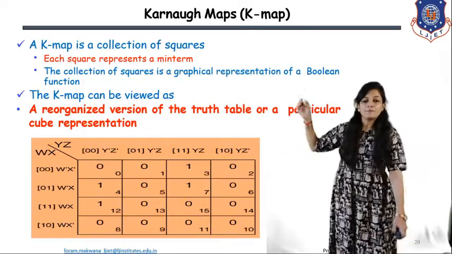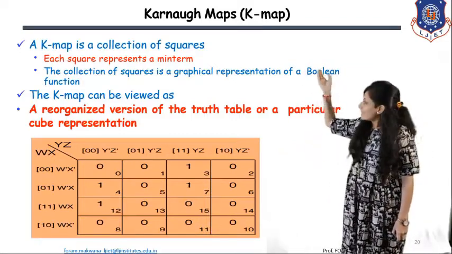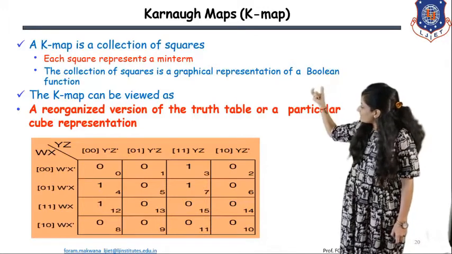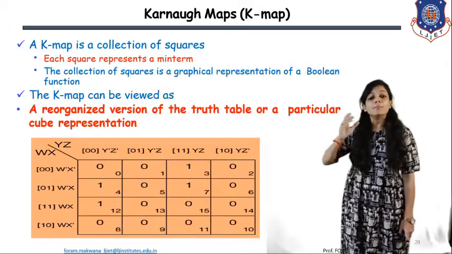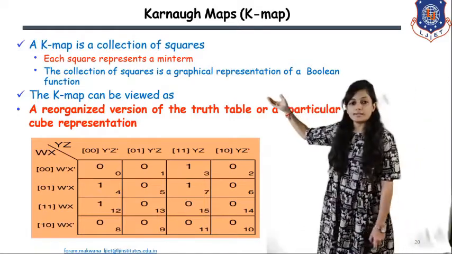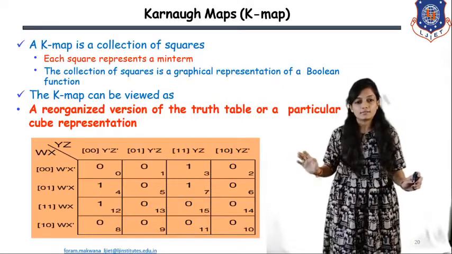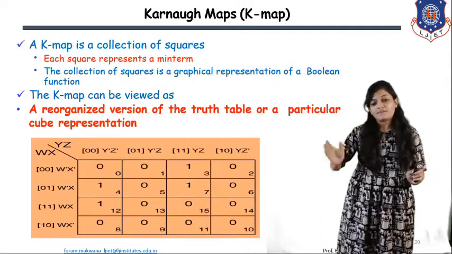Now, a K-map is a collection of squares, and each square represents a minterm. So the collection of squares is the graphical representation of a Boolean function. That's it.